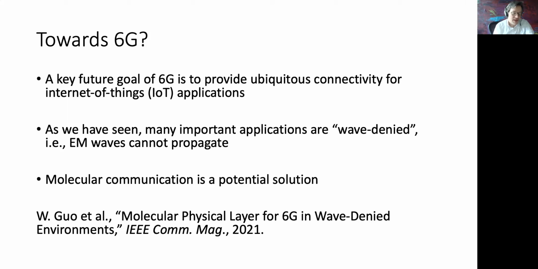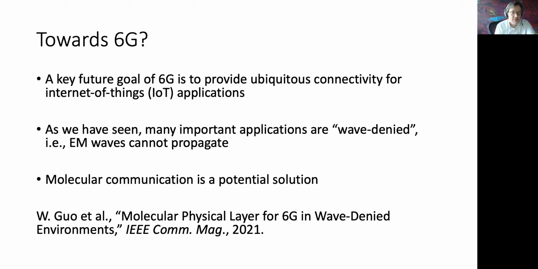And what we have seen in some of these technological and applicational examples is that many important applications are what people would call wave denied. Which is to say that EM waves are awkward, or they can't propagate, or they're difficult to deal with, or it's generally a very harsh environment for radio.